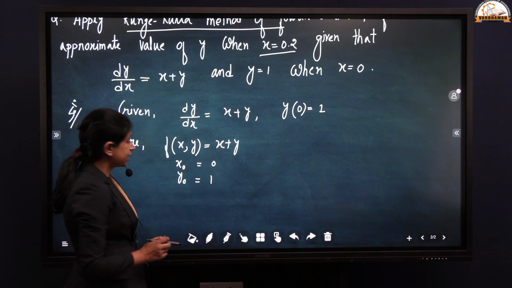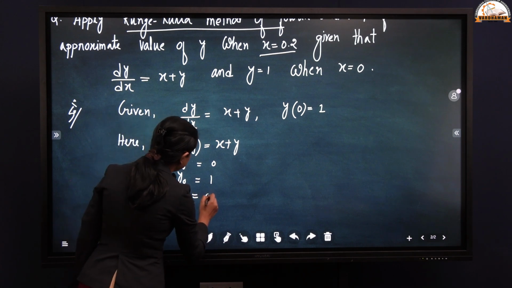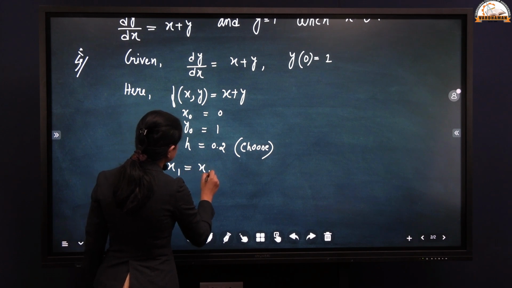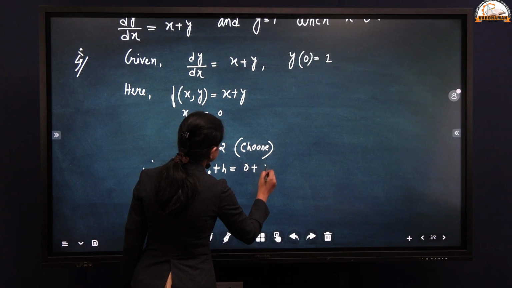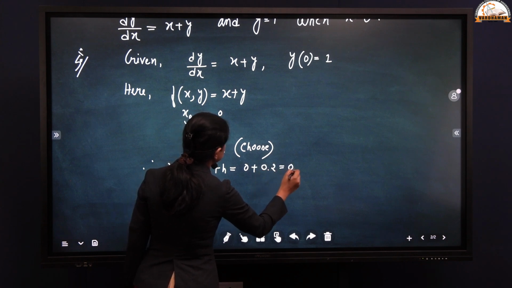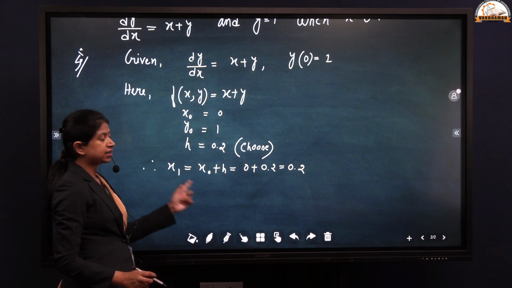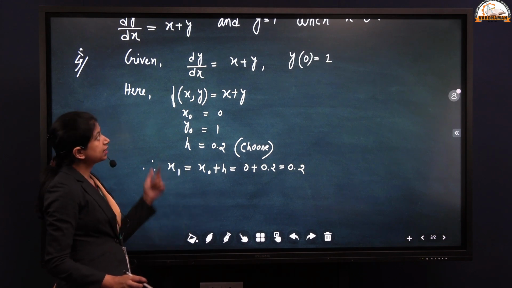Let us choose h as 0.2. Therefore x1 equal to x naught plus h, which is 0 plus 0.2, that is 0.2. Now if we find the y value at x1, that is 0.2, we get the answer.